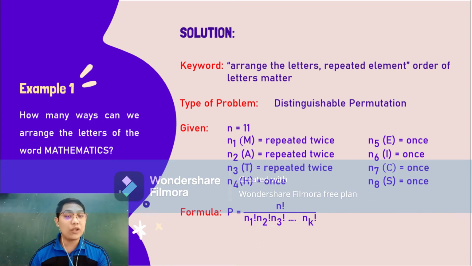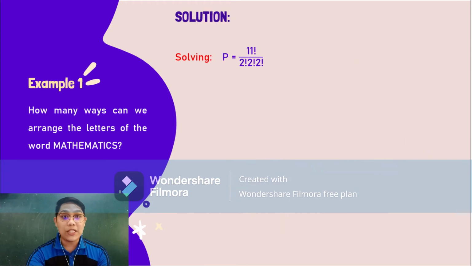So dili na nato i-apil ang mga letters nga once lang nag-repeat. Ang atong i-include lang sa formula is ang mga more than once nag-repeat. As you can see in this scenario, 3 letters ang nag-repeat twice, which is letters M, A, and T. So P is equal to 11 factorial over 2 factorial times 2 factorial times 2 factorial. Kung mag-butang pa tag 1 factorial, redundant na siya, unnecessary, kay kung i-multiply nato ang 1, di gihapon magbago ang solution.